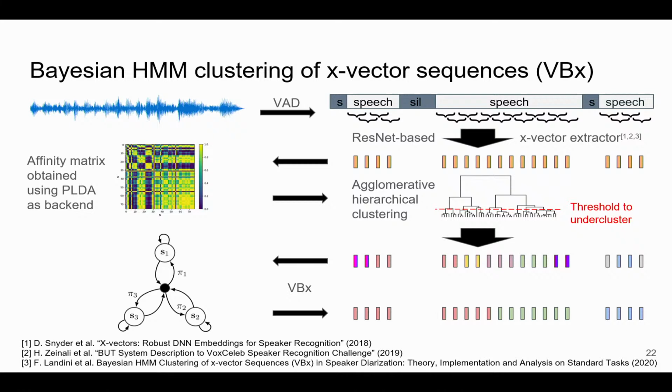You can use a backend, like probabilistic linear discriminant analysis, which is more robust to different acoustic environments. So eventually, it's a good thing here for this type of pipeline that we want to do diarization on many different recordings. So you get all your comparisons, and then you eventually run the merging of these.